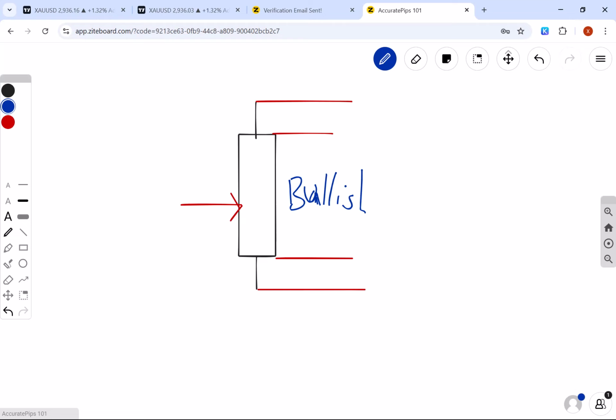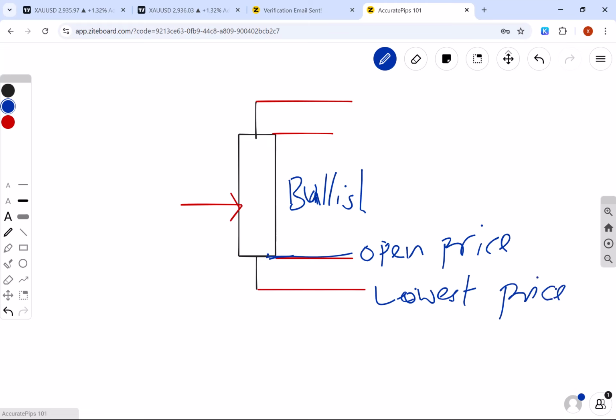Okay, so with the bullish candle, the open price is always below. So this area here is the open price of the candle. Open price. Then the low section here is called the lowest price of the candle.